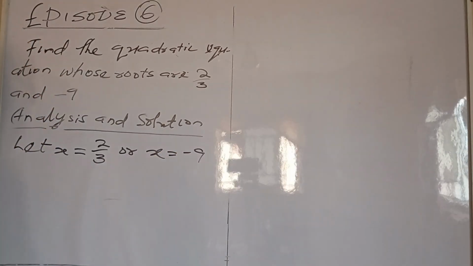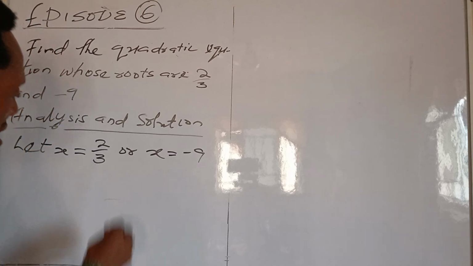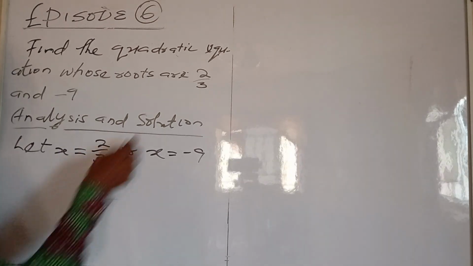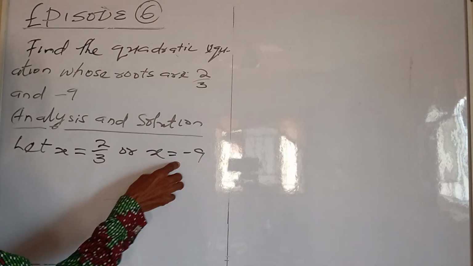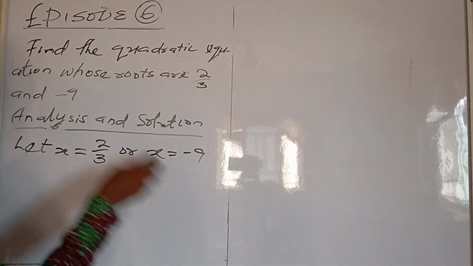I choose x. You can choose y, or any variable of your choice, but x is what I choose. Let x equal 2 over 3, or x equal minus 9. I did not change anything. Just x equals this, or x equals this.